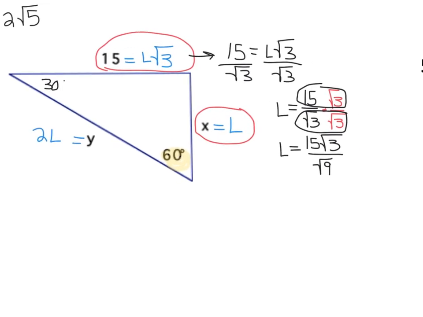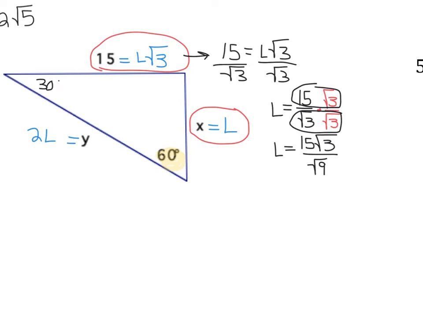That's the reason we multiply by square root of 3, because we're always going to make that a perfect square. So now I could simplify the square root of 9 to be just 3. These two numbers, because we don't have terms, we have factors, we can reduce and get 5 root 3.